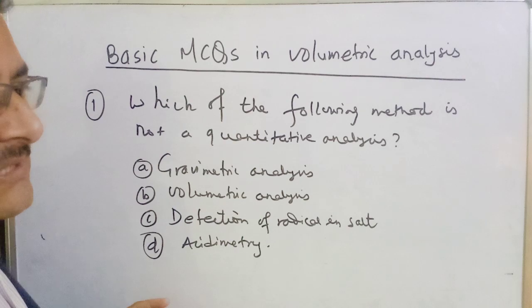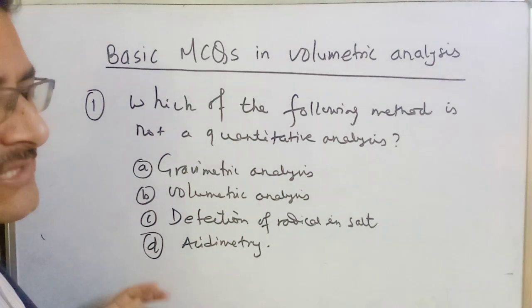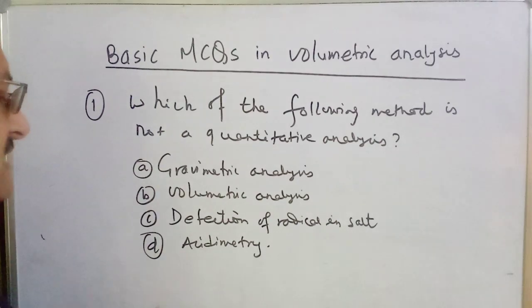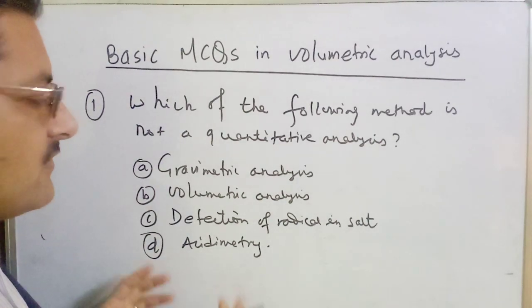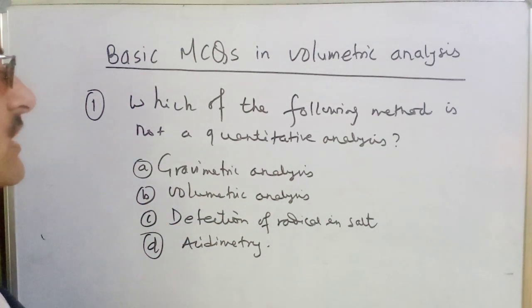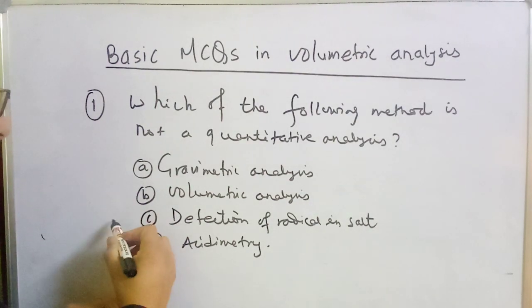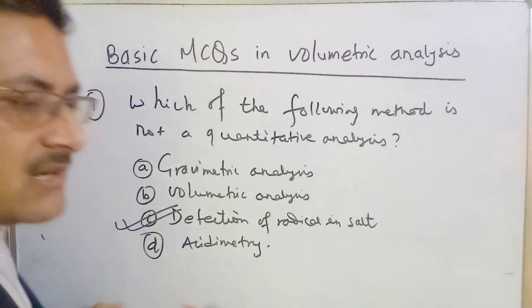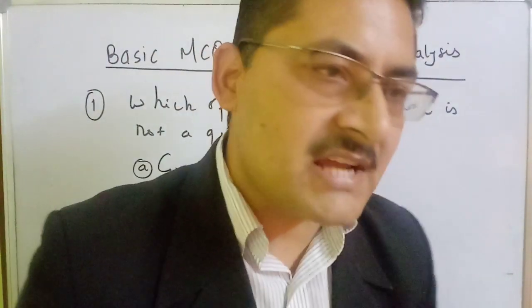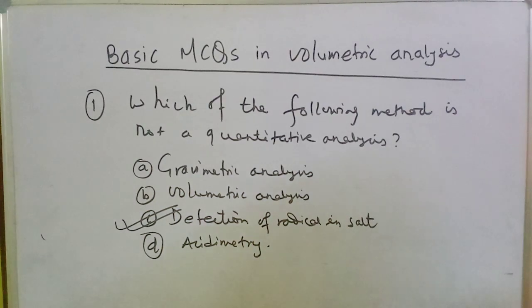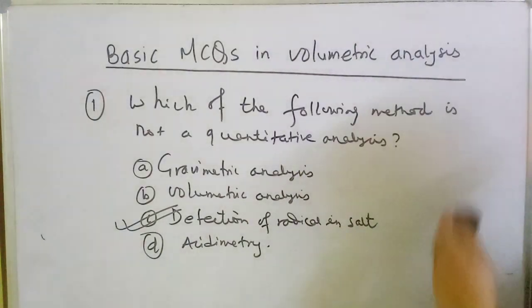Similarly, in acidimetry, with the help of a standard acid, you measure the concentration of an unknown base. Acidimetry is a part of volumetric analysis, and it is definitely quantitative analysis. So our answer is detection of radical in salt, the example of qualitative analysis, not quantitative analysis. This is the first question that we have discussed today.